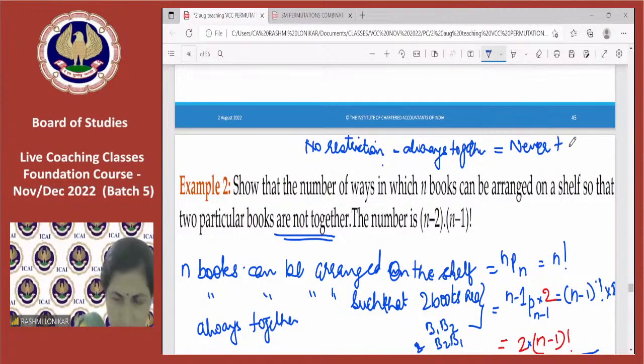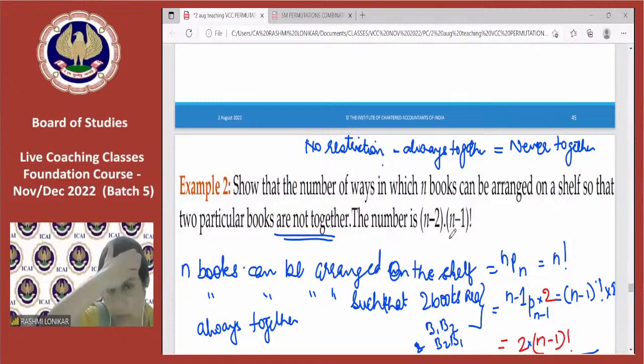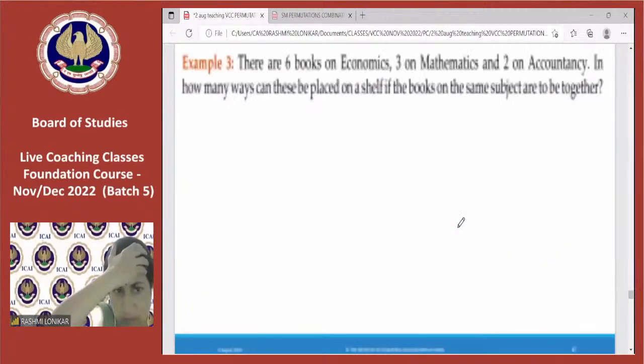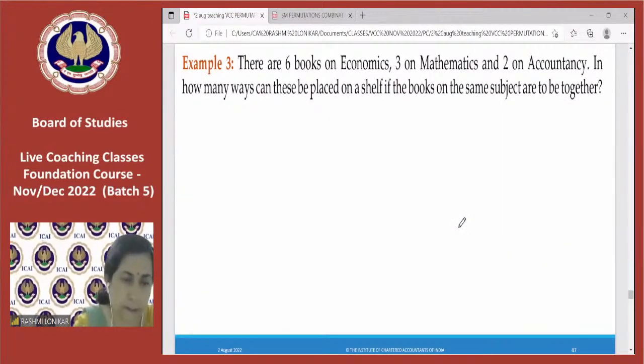No restriction minus always together will give me never together. Understood till now? Yes, Zeba, understood?